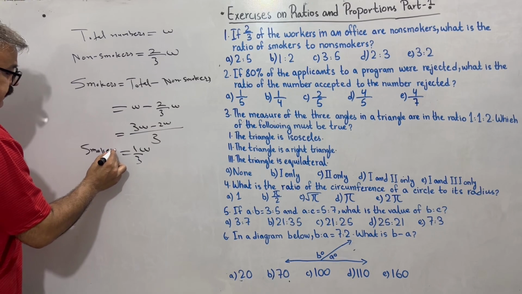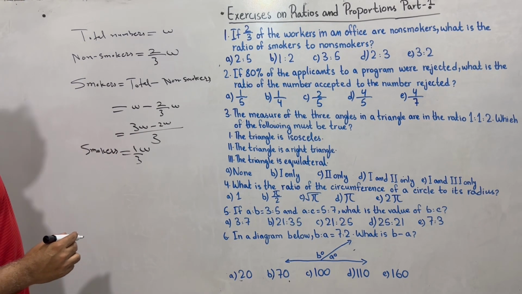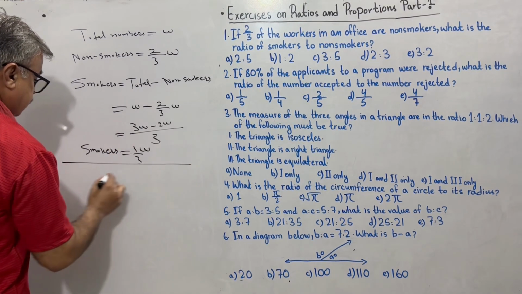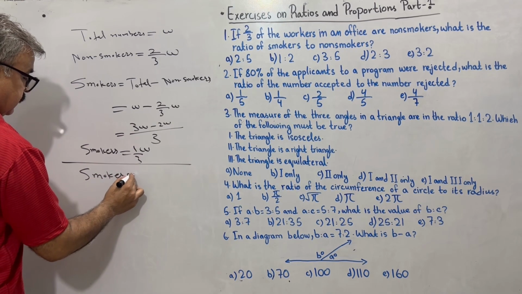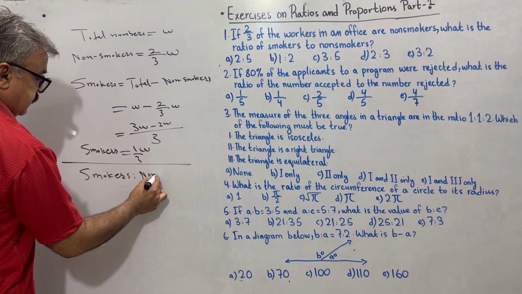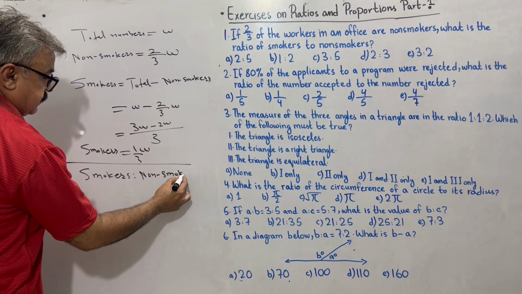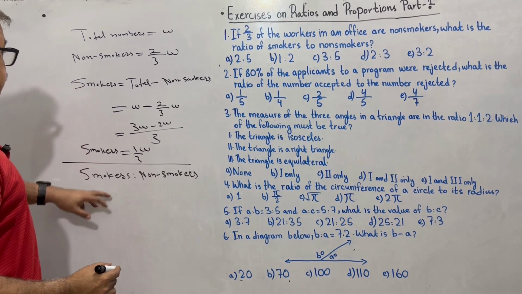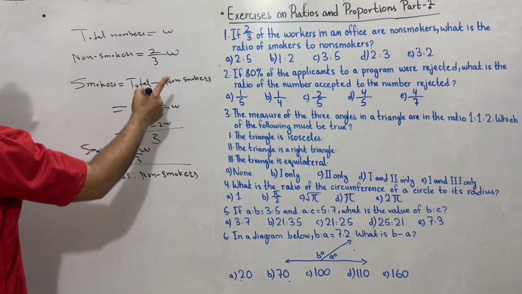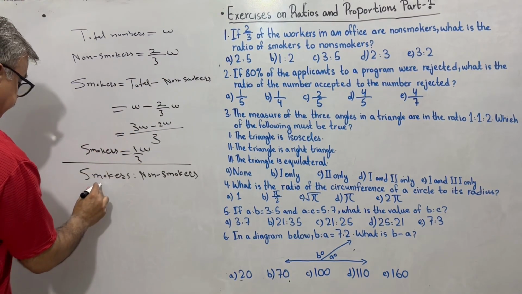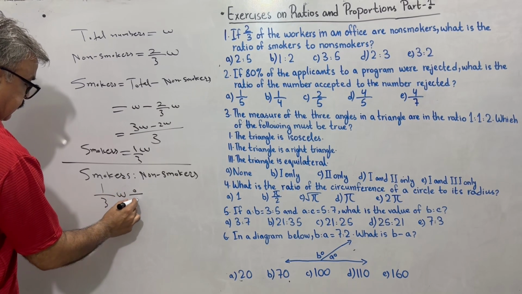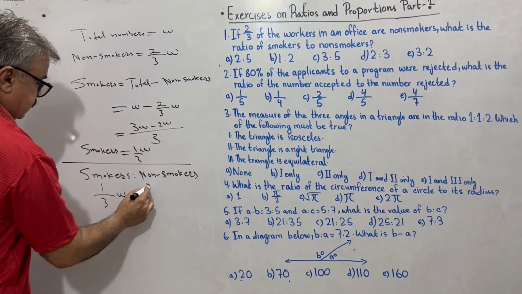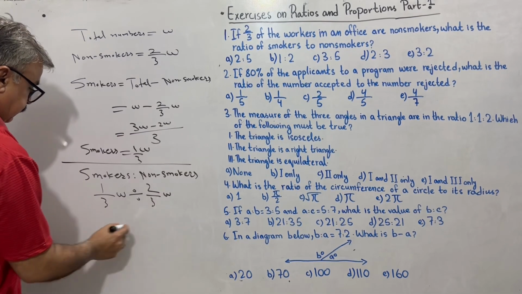Now we are asked to find the ratio of smokers to non-smokers. Smokers are 1 over 3 of the total, while non-smokers are 2 over 3 of the total.